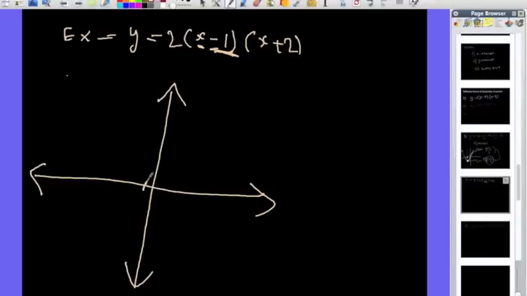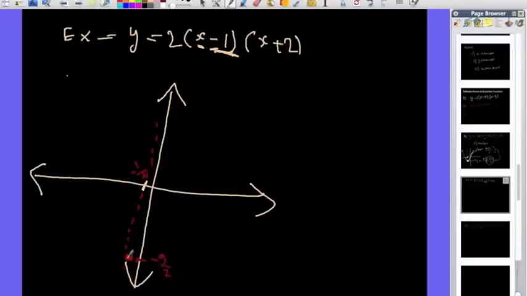So let's say this is -1 by 2. I'm gonna change the color. This would be the axis of symmetry too. And the y-coordinate is -9 by 2. So this would be the turning point of the graph, the vertex.